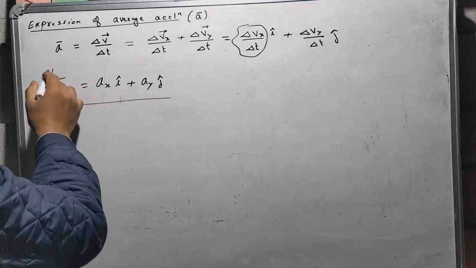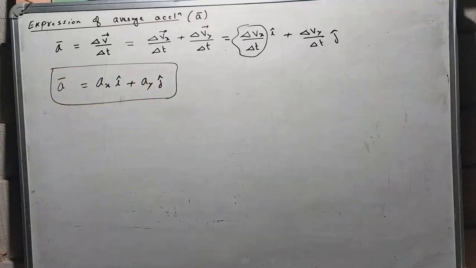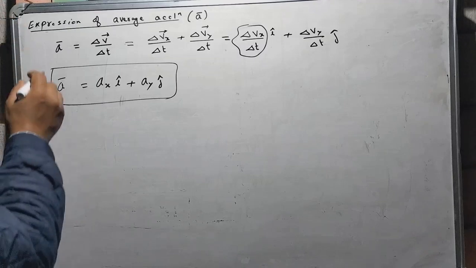So this is the expression for the average acceleration of a particle moving in the xy plane in terms of rectangular components. Fine? Okay.